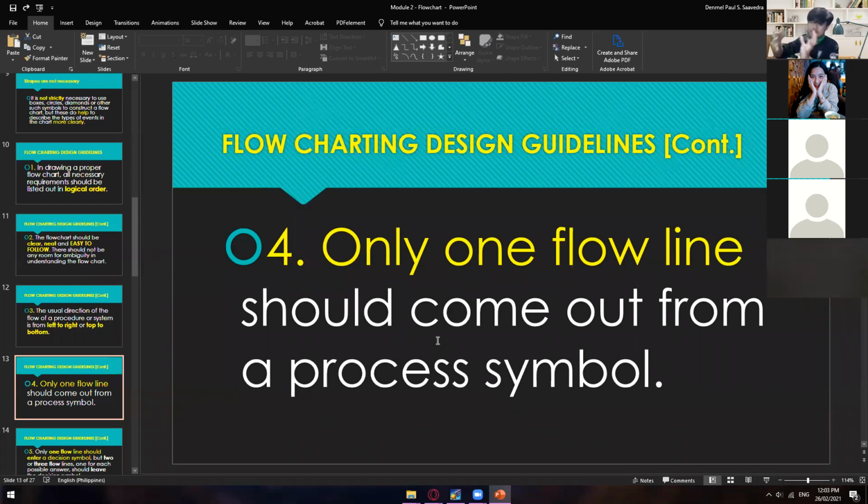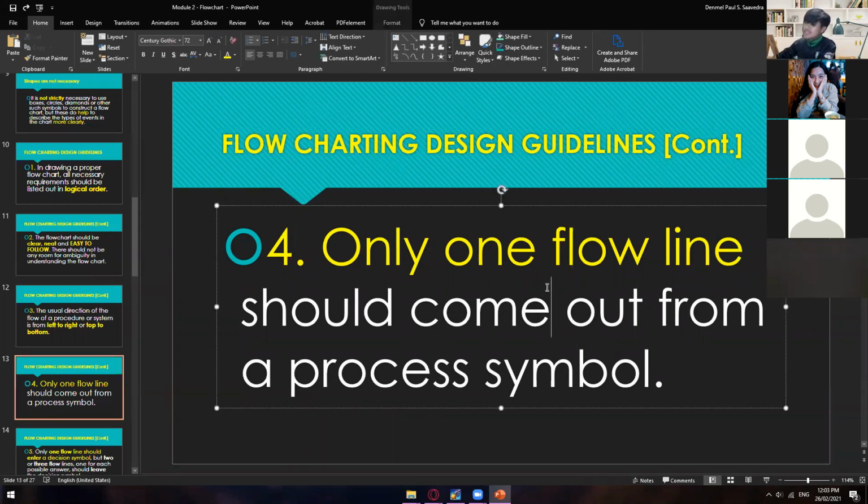You can have those as long as you fully explain it on that certain process. Then again, you don't want to have a long explanation. So if possible, just two words, three words, or four words only. So mostly we use one flow line only, or a maximum of two actually.